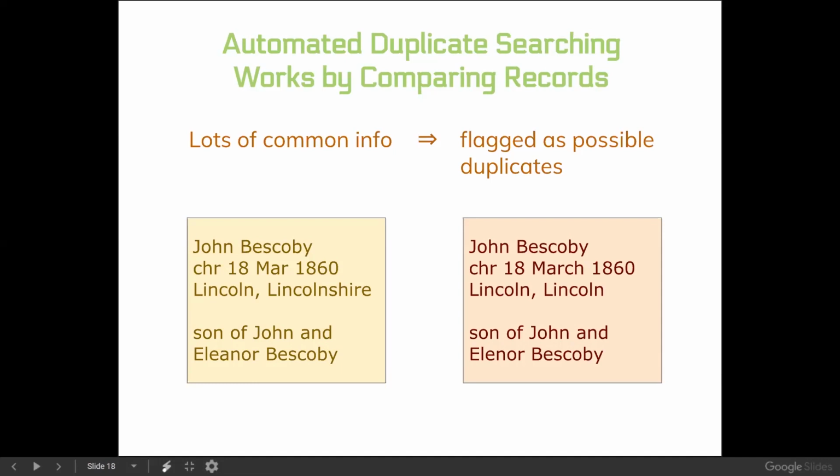If you look at the record on the right, it's almost identical, except that the month is spelled out and there's a variation in the spelling of the mother's name. But it's so obvious to us that that's a duplicate record, right? It represents the same person. And Family Tree looks at that, and it also computes that it represents the same person because it has such a high percentage of information in common between those two records.